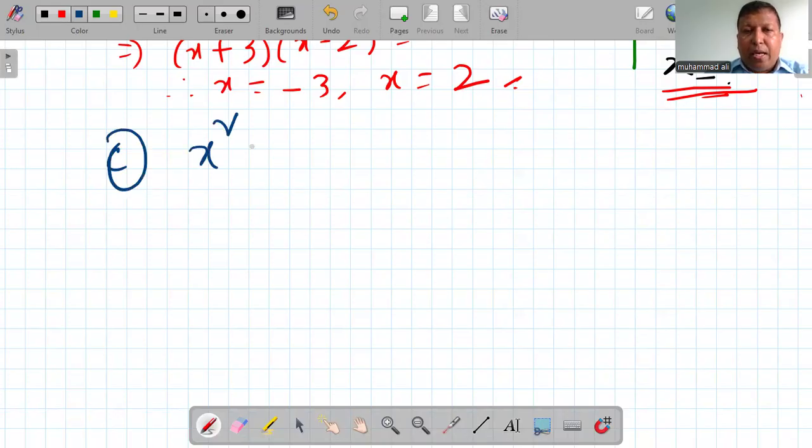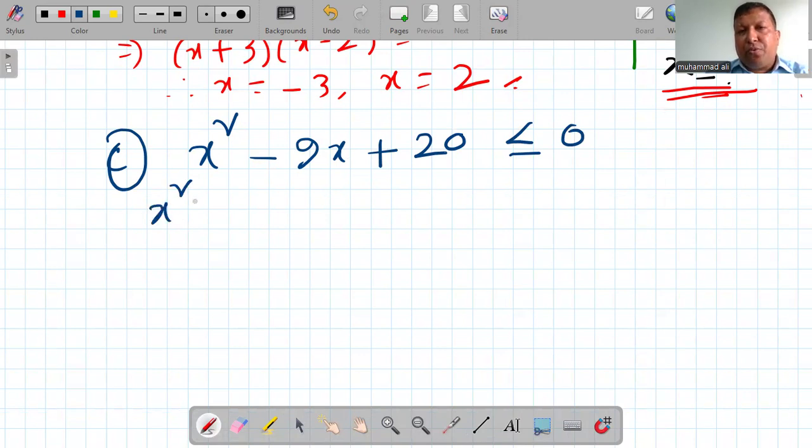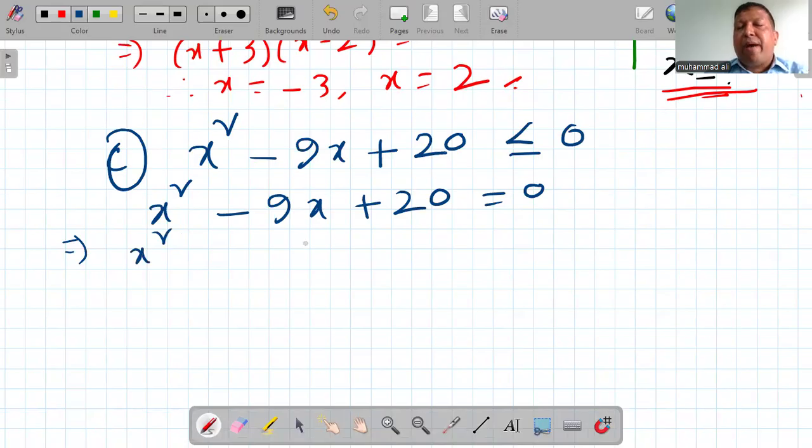x squared minus 9x plus 20 less than or equal to 0. So like the previous maths, we want to solve this equation. If we split this minus 9x, it will be minus 5x minus 4x plus 20 equals 0.